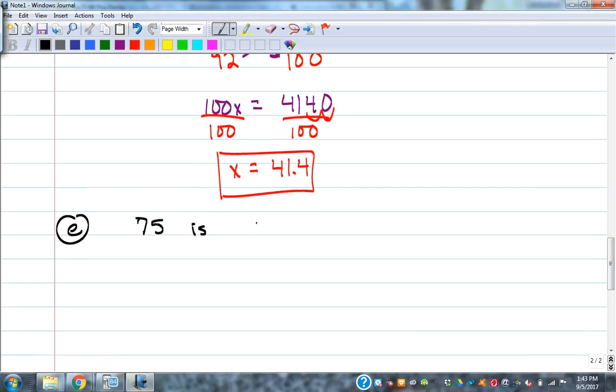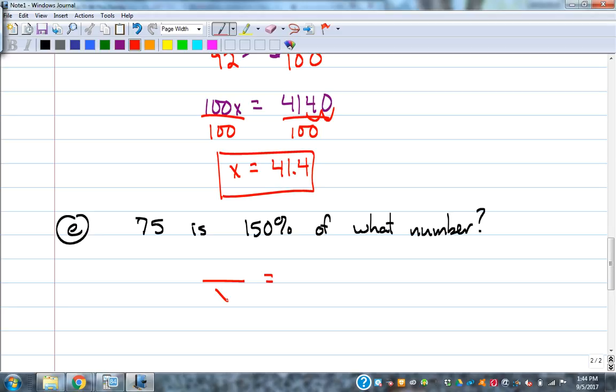75 is 150% of what number? There's no of, so what goes in its place?